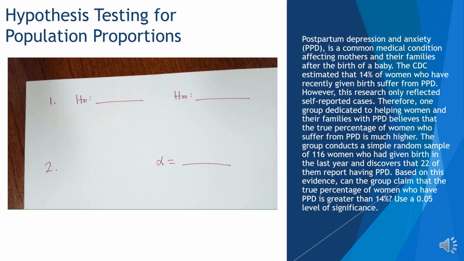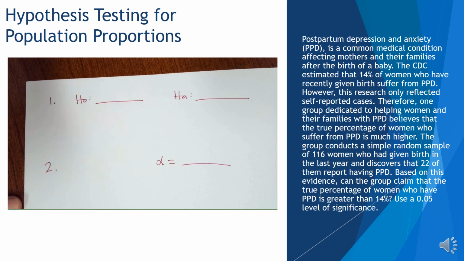All right, so it says, postpartum depression and anxiety, PPD, is a common medical condition affecting mothers and their families after the birth of a baby. The CDC estimated that 14% of women who have recently given birth suffer from PPD. Okay, so we can already tell that this is going to be a hypothesis test for population proportion because they're using a percentage.